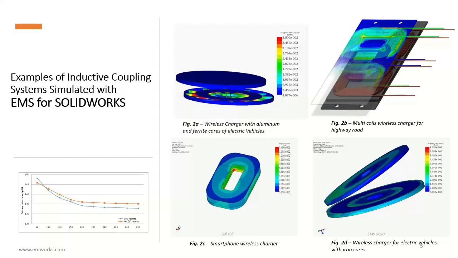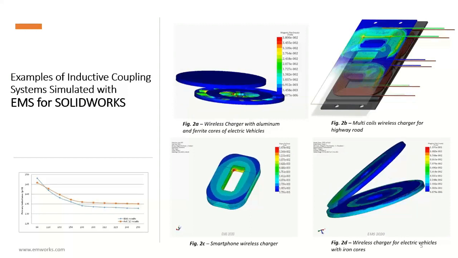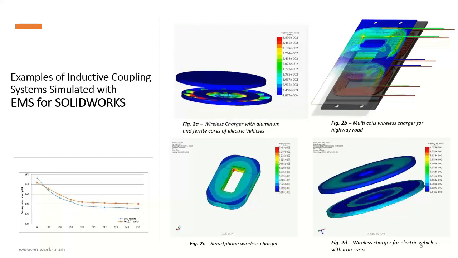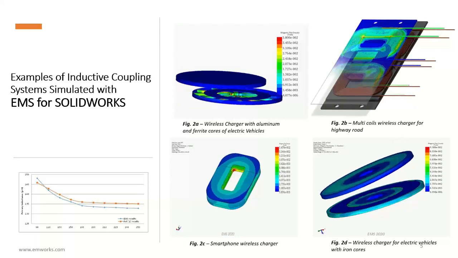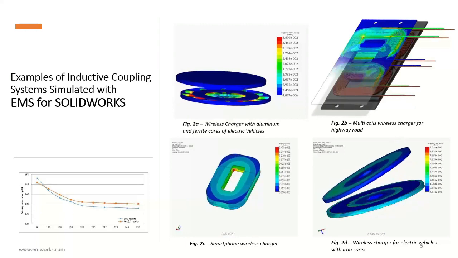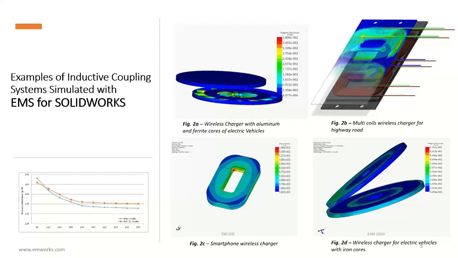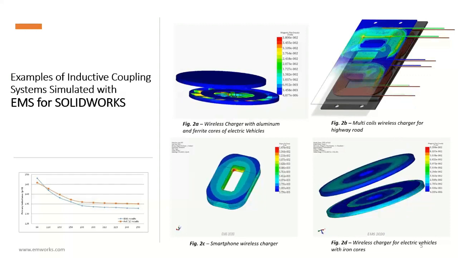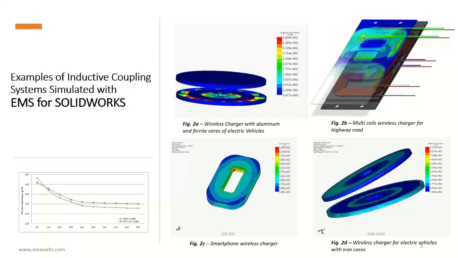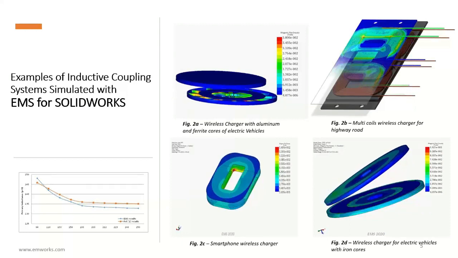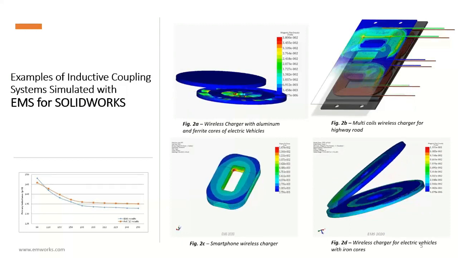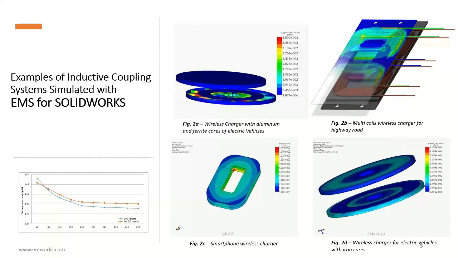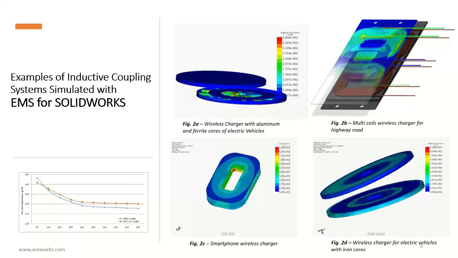A tiny inductive wireless charger for smartphones can also be analyzed using EMS for SOLIDWORKS. Since health is one of the world's major topics nowadays, we wanted to bring up an example that has a relation to this topic. Then in the remainder of this presentation, we will focus on studying a wireless power charger used for a cardiac pacemaker.